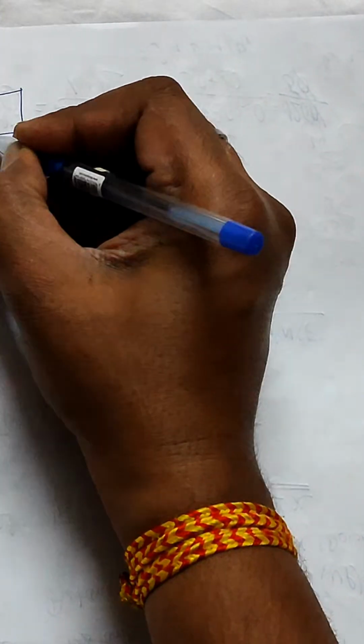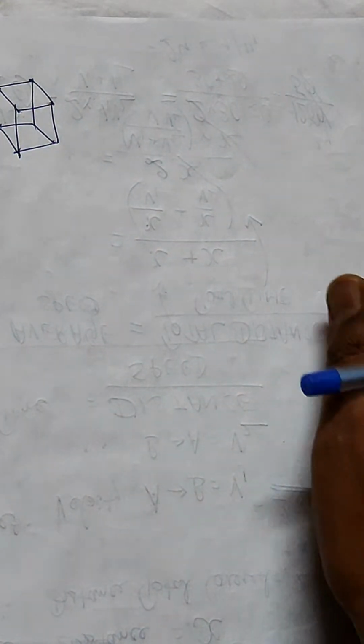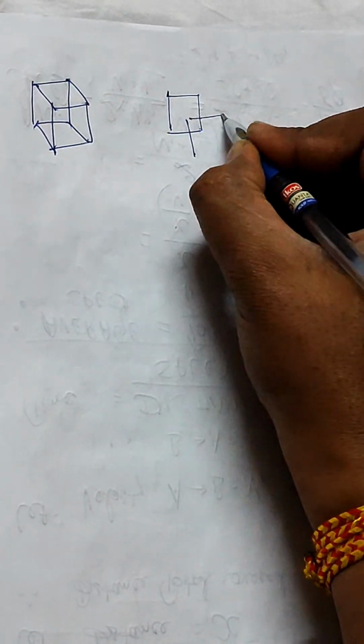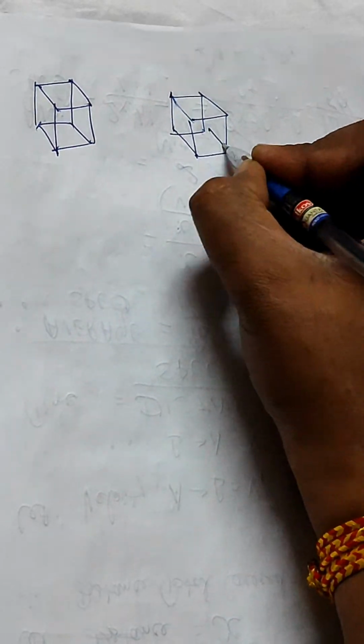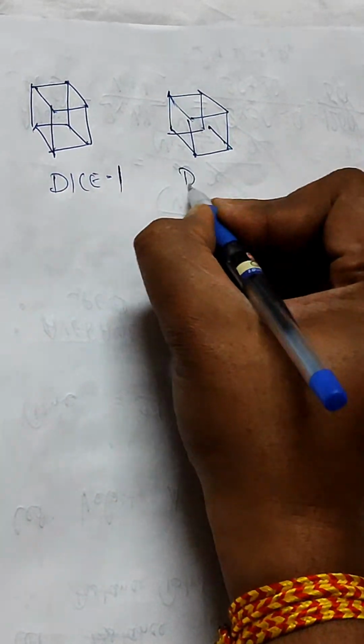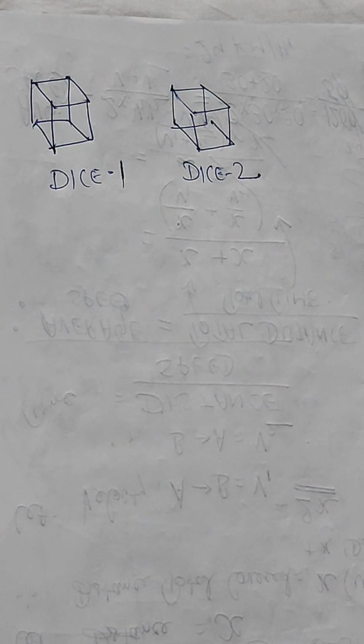So two dice with you. This is dice 1, and this is dice 2. And the question is that two different dice are rolled together, the probability of getting an even number on both the dice.